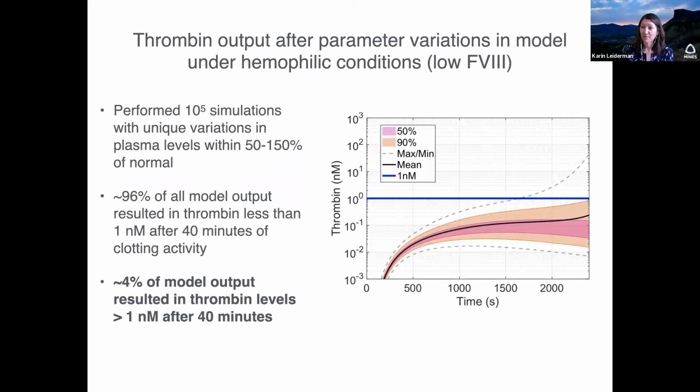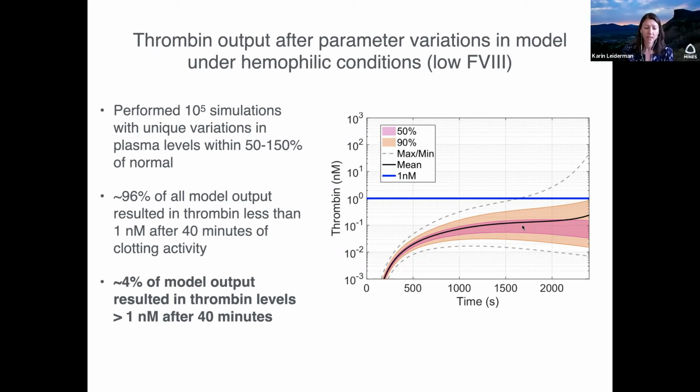I'm going to stay on this slide for quite a while, so let me talk through it. Let's take a look at what kinds of output the model generates. What you see here on the right is called a quantile plot of the thrombin curves as a function of time, generated from 100,000 simulations of our model, where we fixed factor 8 to be low and varied all the other clotting factors between 50 and 150% of normal.